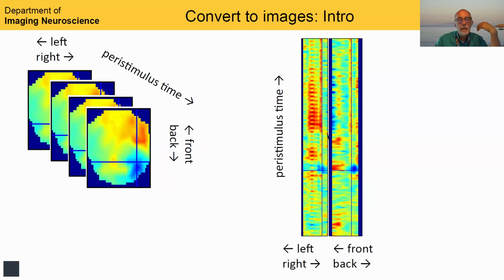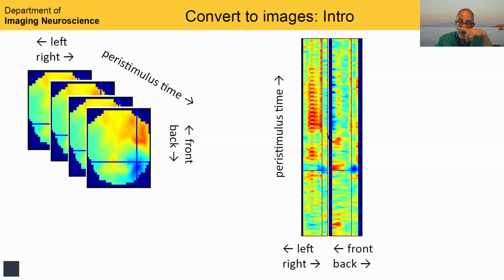On the left, you see the scalp slices, which are going to be loads of them, one for each step in peristimulus time. They are organized left, right, and back, front as on the left. But also, they're going to be shown as on the right, with peristimulus time going up.